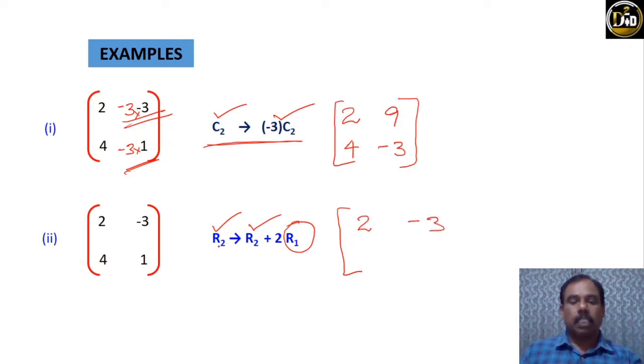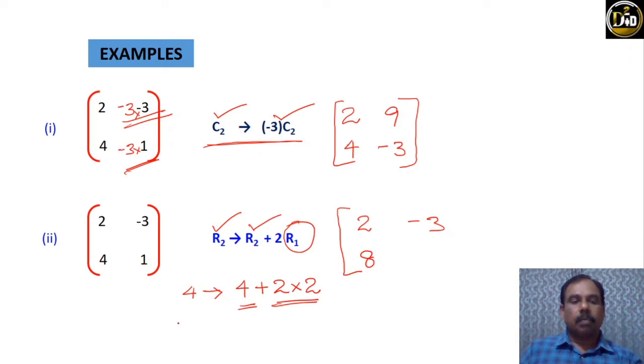We need to change R2 as, say, let us take first element of R2, that is 4. That 4 becomes R2 plus, that is 4 plus 2 times of corresponding R1, that is 2. So this is 2 into 2, 4 plus 4. So we need to write 8.